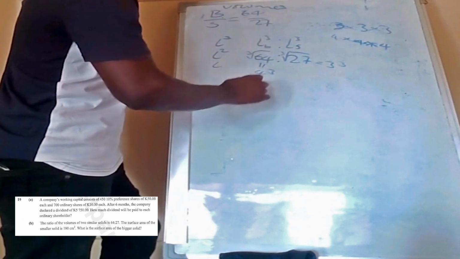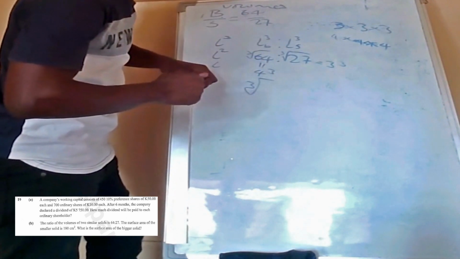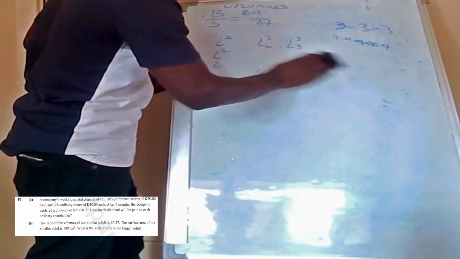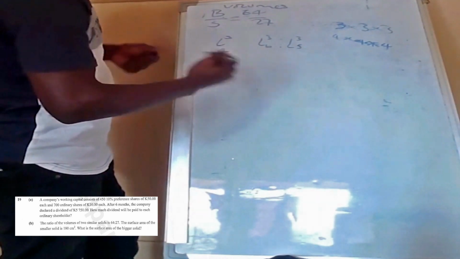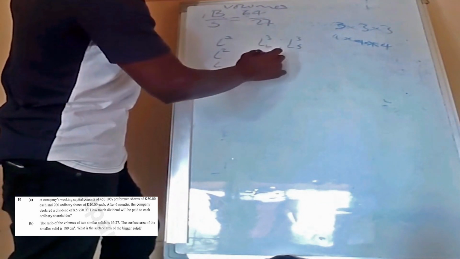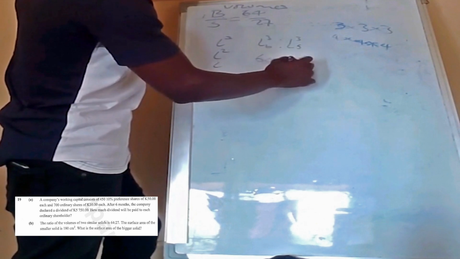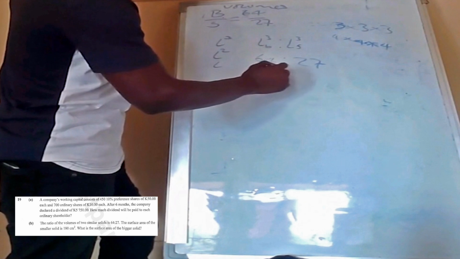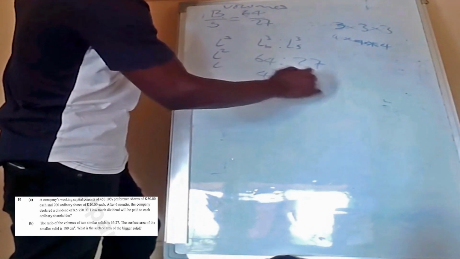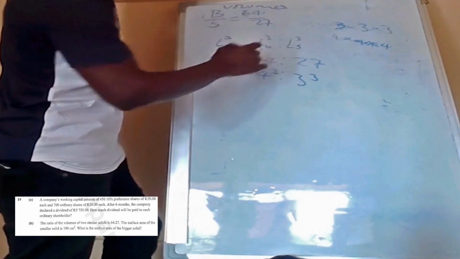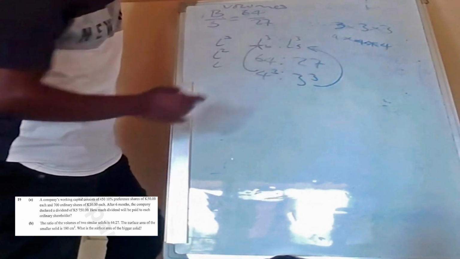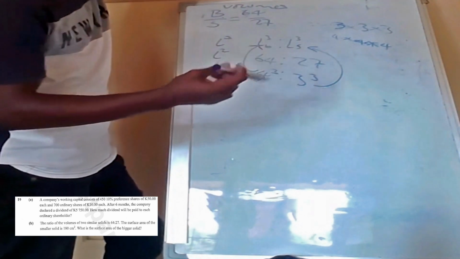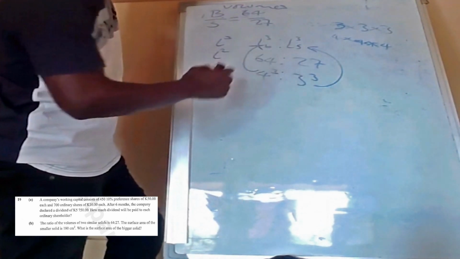So in short, 64 to 27 can be written as 4 to the power 3 to 3 to the power 3. So meaning the lengths of these two solids are 4 and 3.